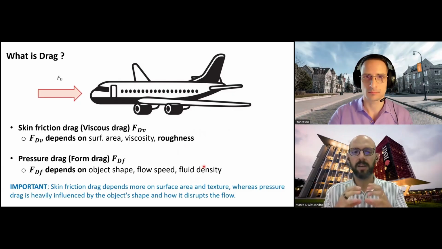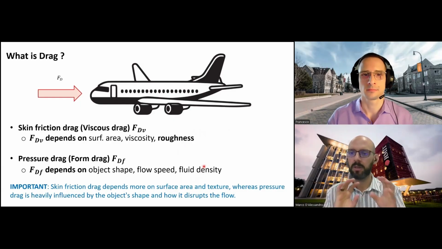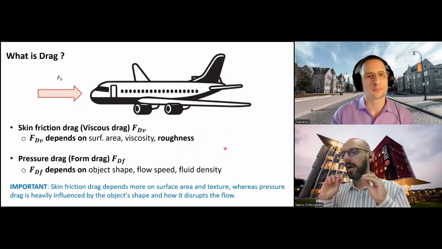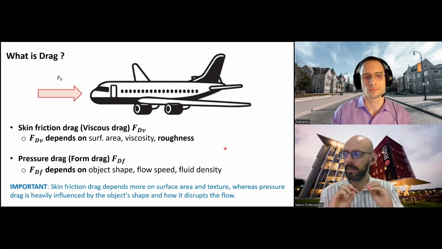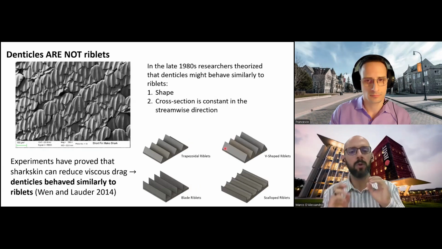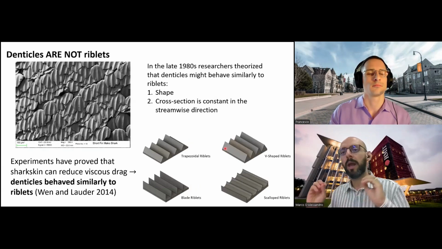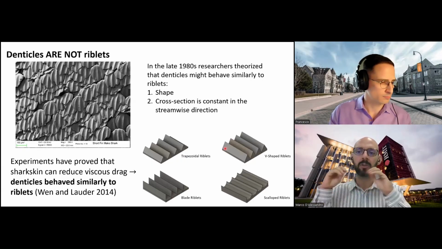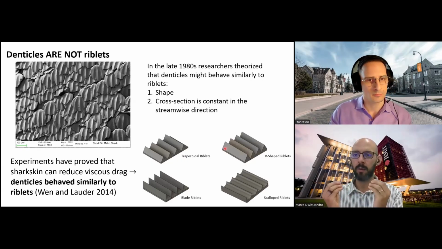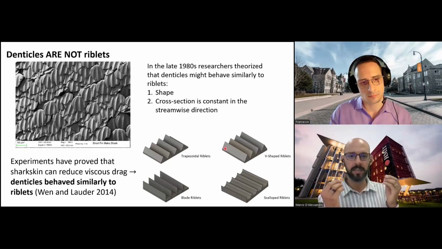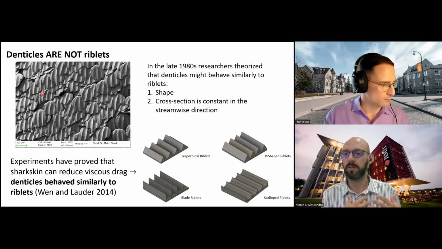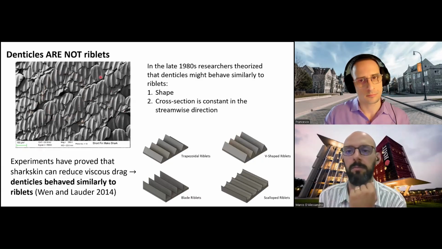So now that we have discussed in more detail this important distinction between skin friction drag and pressure drag, let's try to understand what happens over the denticles that allows a reduction of drag. What kind of drag are we reducing? What's the mechanism of drag reduction with the denticles over the skin of sharks?